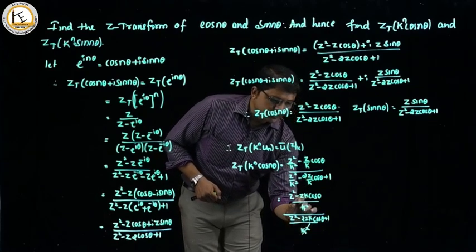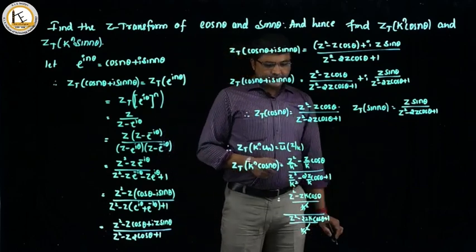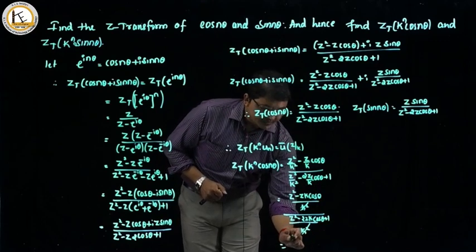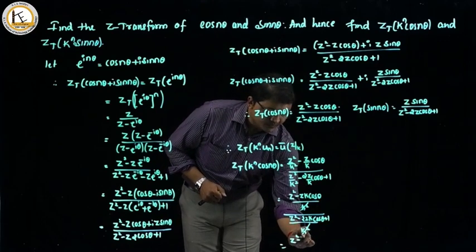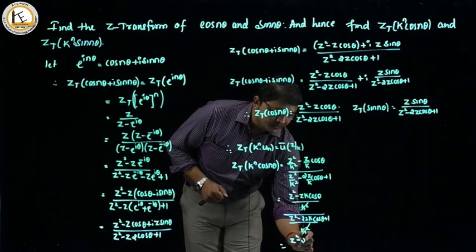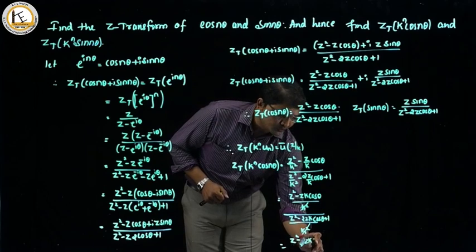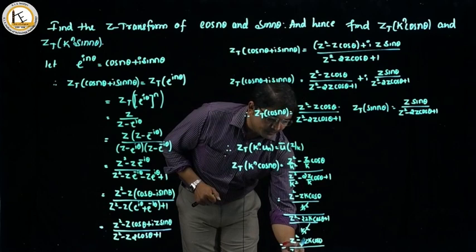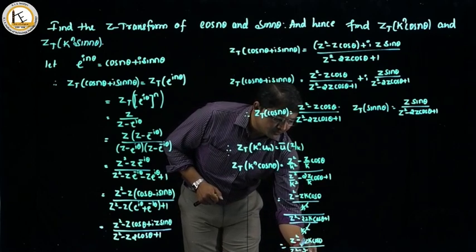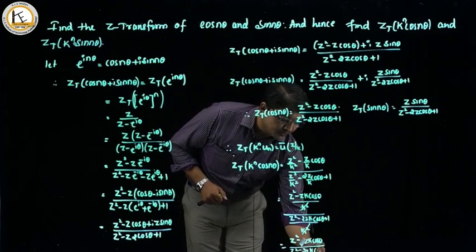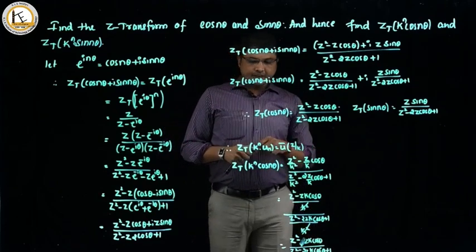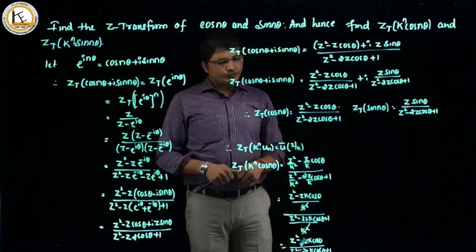So this k square gets cancelled, and finally we have z square minus zk into cos theta whole divided by z square minus 2zk cos theta plus 1. So this is the z transform of k raised to n into cos n theta.